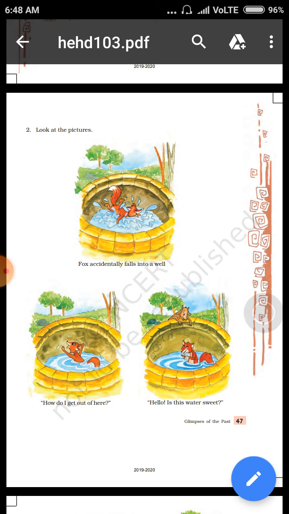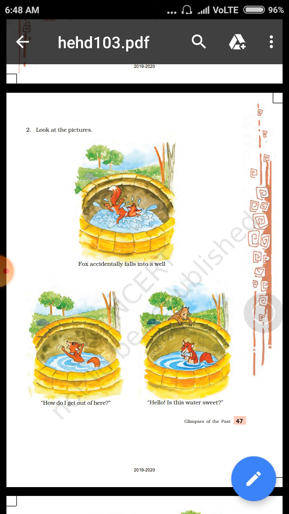In the third picture, there is a goat outside of the well. Perhaps the goat is asking the fox, hello, is this water sweet?